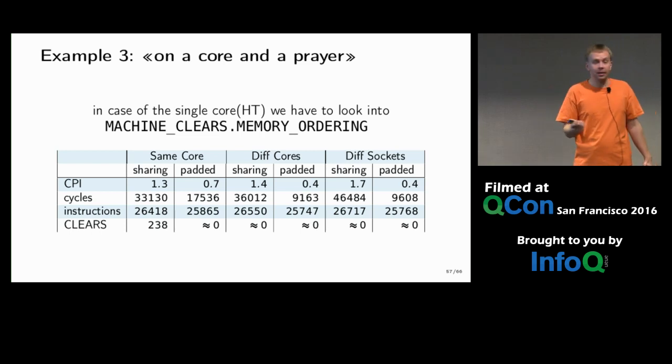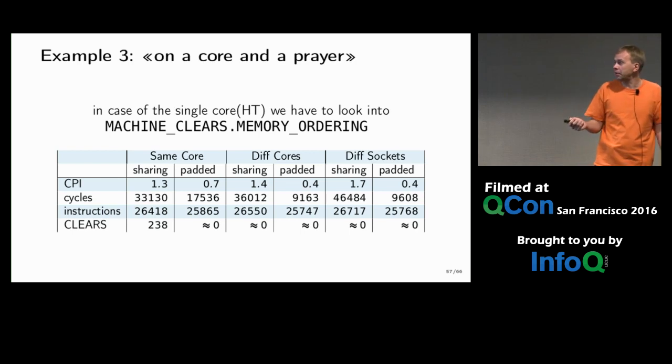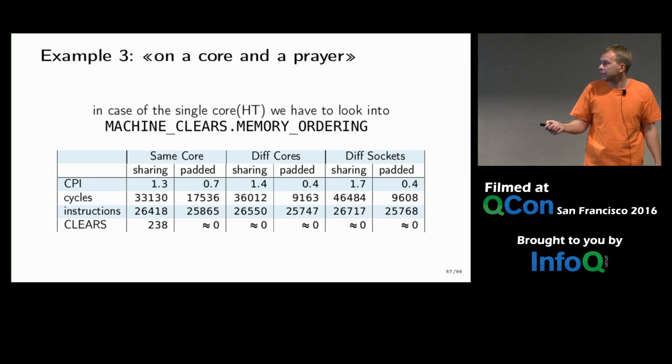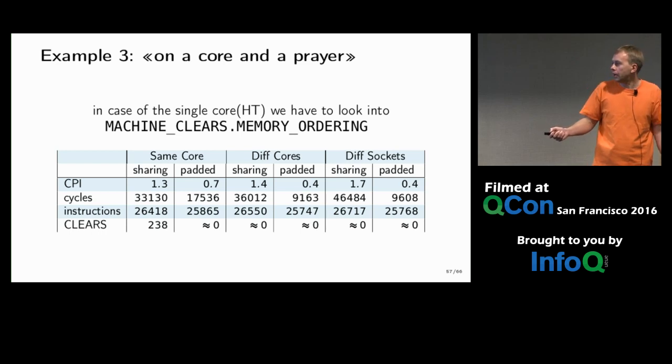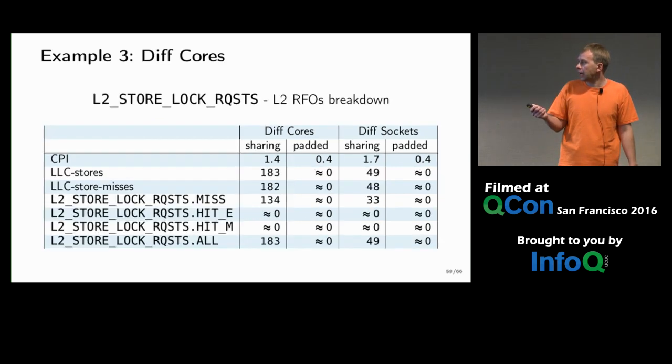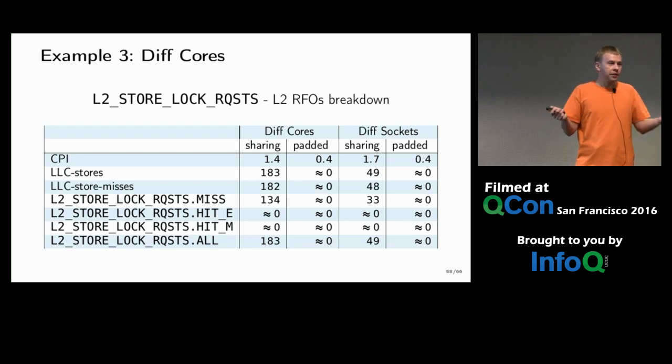But they help us. They provide a particular event which looks into that issue. We can collect that event, and we can see that on the same core, with hyperthreading, we have a lot of machine clears for memory ordering, but they don't happen in any other cases. That's how to catch that situation for hyperthreading. For different cores, we have to fight for RFO, a request for ownership.